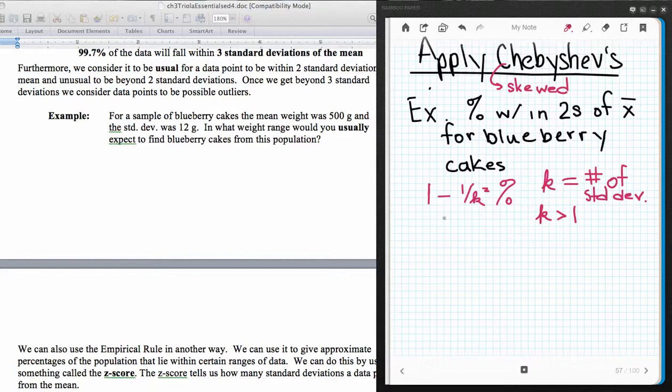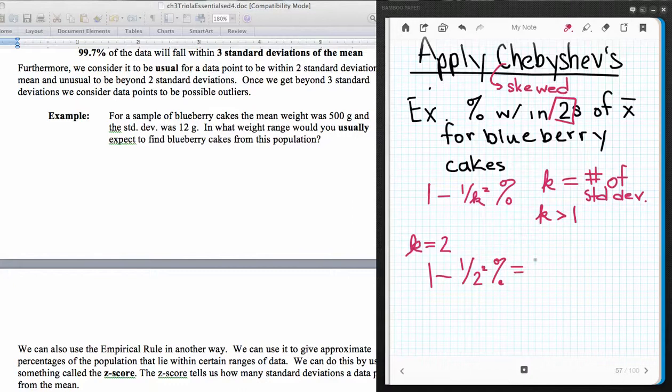So what we want to take a look at here is the percentage within 2 standard deviations of x bar for the blueberry cakes. Our k in this instance is going to be 2 because we want to know for 2 standard deviations. So Chebyshev's would say that it's 1 minus 1 over 2 squared.